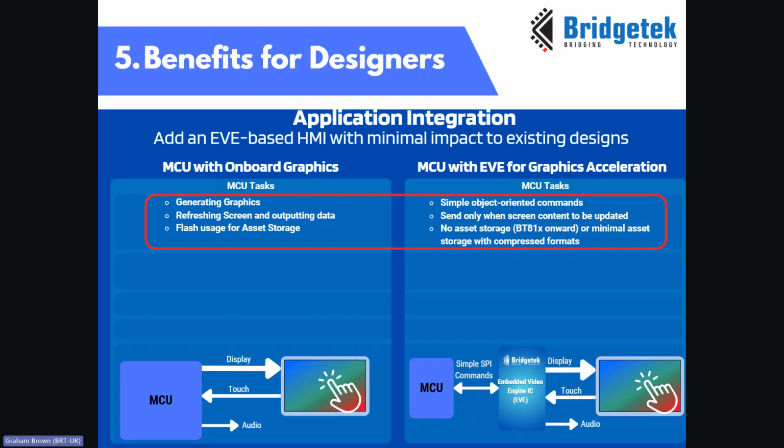So we're going to summarize some of the benefits for designers when you're integrating Eve in comparison to an MCU with onboard graphics. When we think about the tasks involved in operating a graphical touch display, an MCU with onboard graphics would have to perform tasks such as generating the graphics themselves, calculating gradients, for example, and transforming images for rotation and scaling.